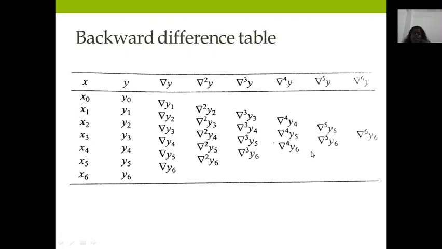Here there is no Δy0; last time for the forward difference, it starts from 0. Just compare and learn. It will be very easy. So this is the backward difference table. I hope you noted it down or understood it.